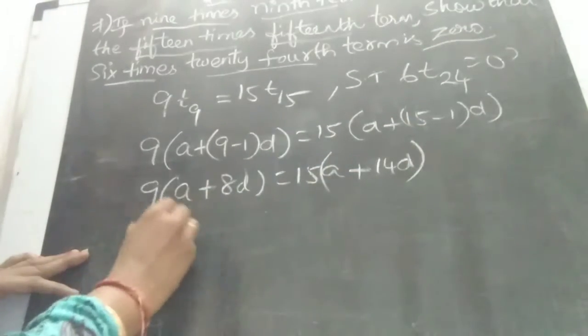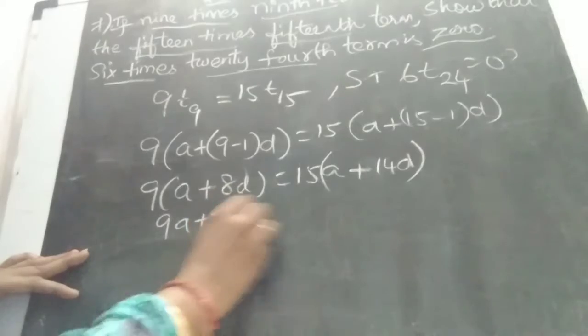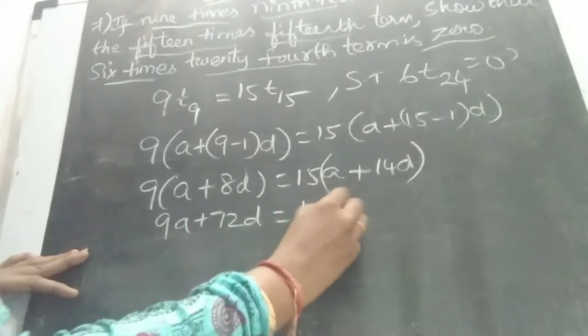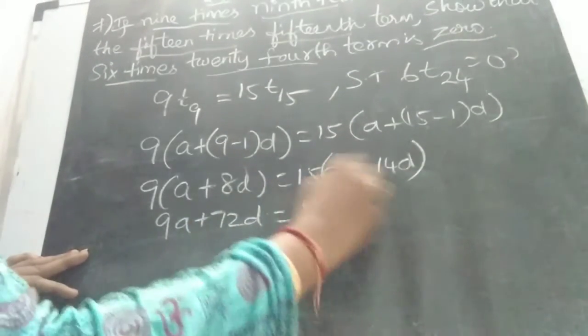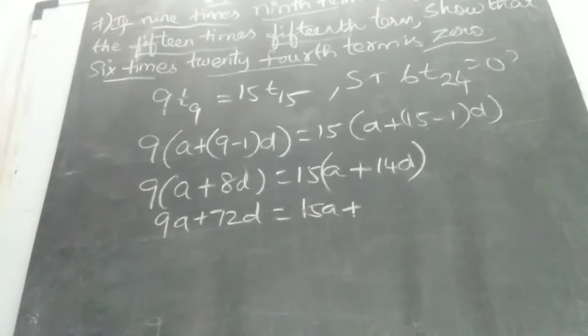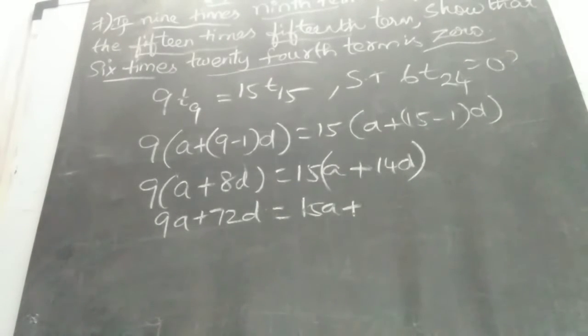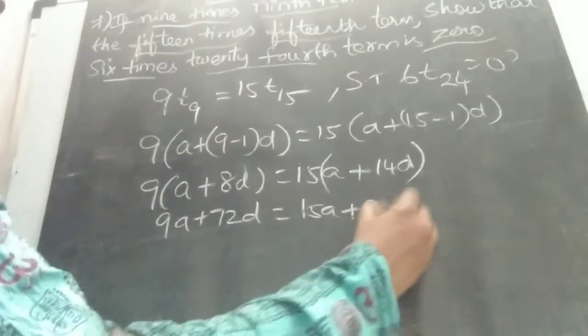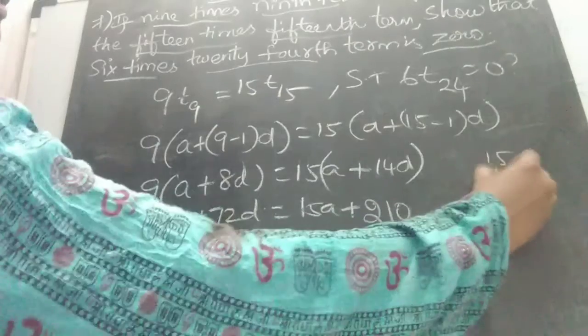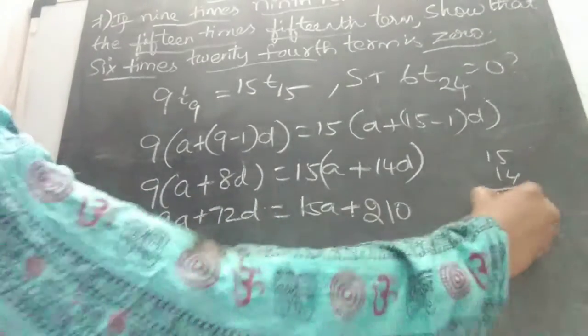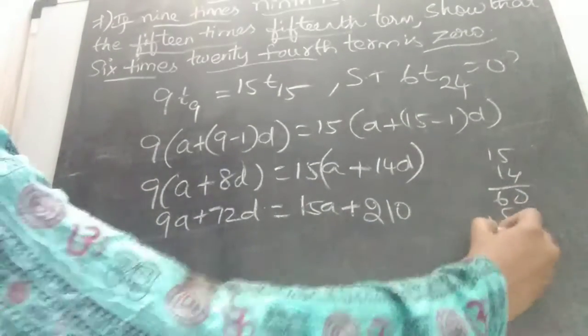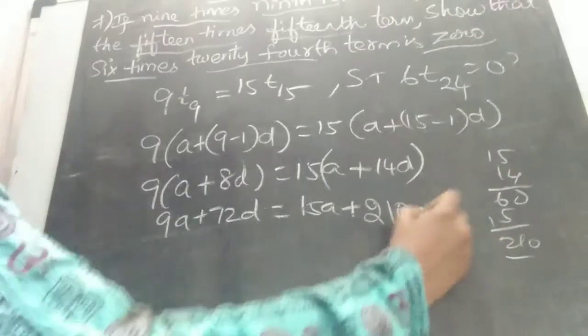Now bring inside: 9A plus 72D. This one, 15A plus 15 into 14, which is 210. You just multiply 15 into 14, so 210D.